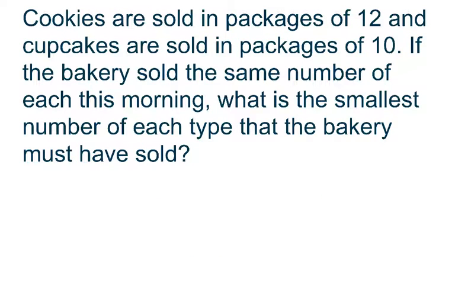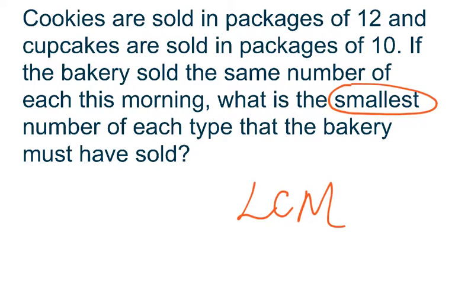Cookies are sold in packages of 12, and cupcakes are sold in packages of 10. If the bakery sold the same number of each this morning, what is the smallest number of each type that the bakery must have sold? So my keyword is smallest. That lets me know that I'm going to be finding the LCM.